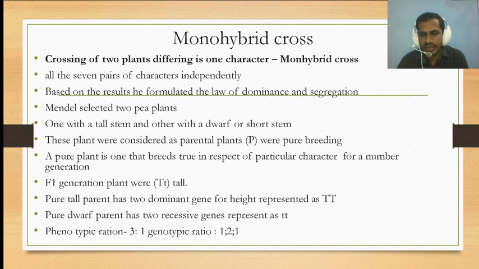A pure plant is one that breeds true with respect to a particular character for a number of generations. The pure tall plant has the dominant gene for height, represented as capital T capital T. The pure dwarf parent has two recessive genes, represented as small t small t.